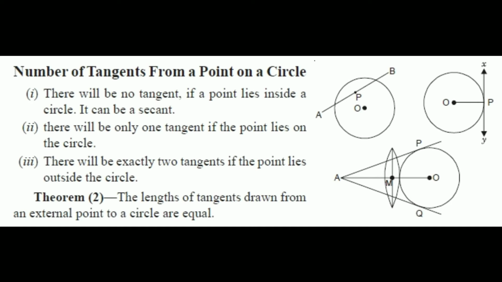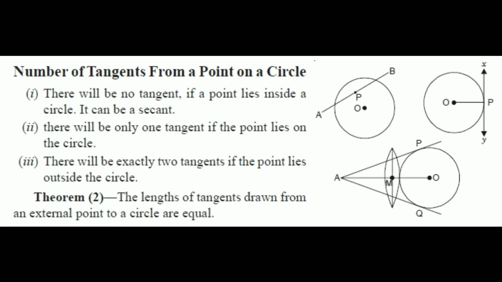So this is our today's topic, that from a point lying outside a circle, we can draw two and only two tangents, not less, not more than that. It is also very much clear from the third figure.